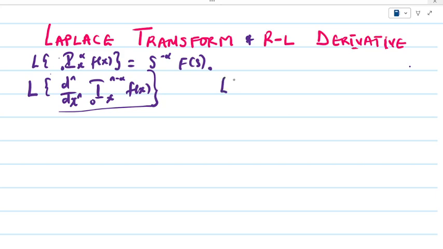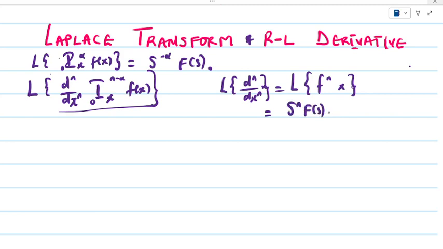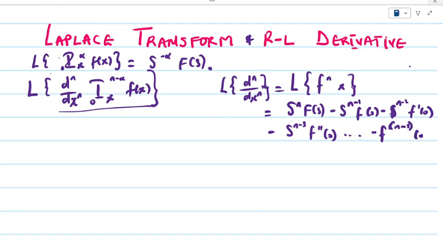We have the Laplace transformation of the derivative d^n/dx^n of f, which is the same thing as s^n times the Laplace transform of f of x, minus s^(n-1) f of 0, minus s^(n-2) f prime of 0, minus s^(n-3) f double prime of 0, and so on, up to minus f^(n-1) of 0.